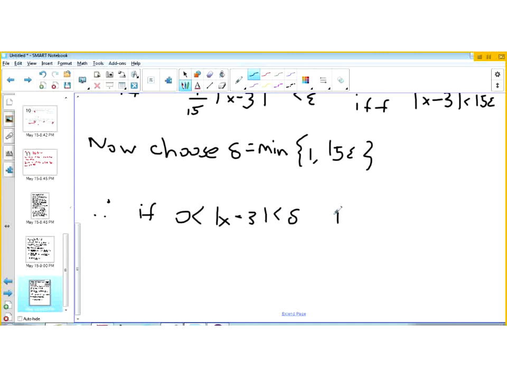Therefore, if we're a delta distance away from 3, then we're within epsilon of the corresponding output for the choice of x, because we found a delta.